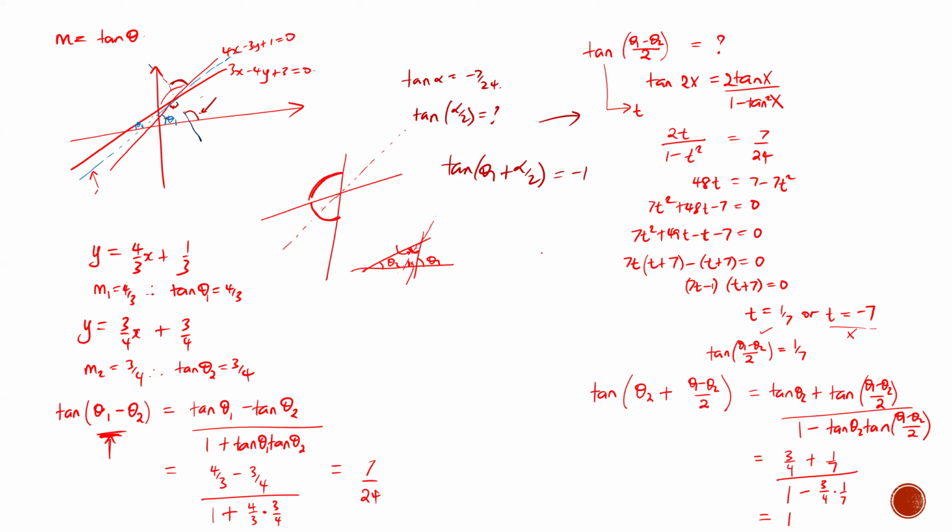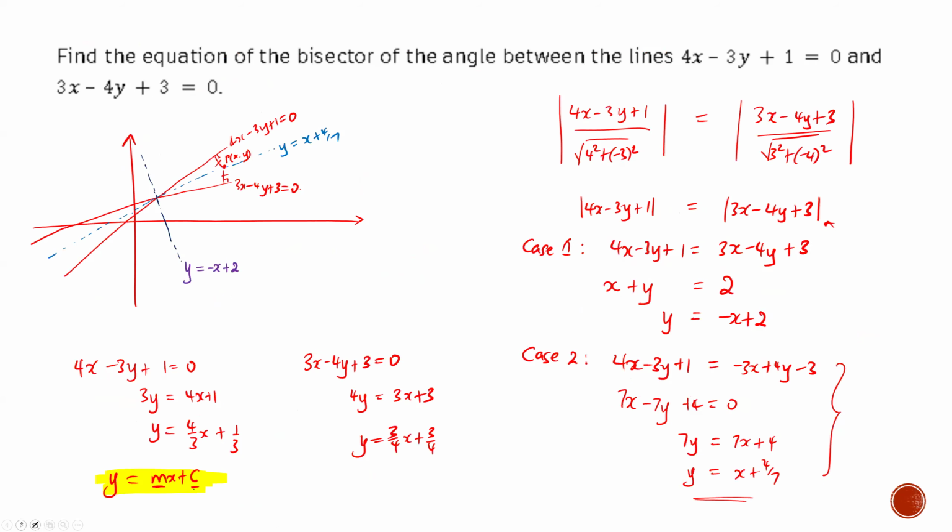And after getting -1, you would use the point, which is 5/7, 9/7. y minus 9/7 over x minus 5/7 is equal to -1. So y minus 9/7 is equal to -x plus 5/7. So y is actually equal to -x plus 2, which is exactly what we got here as our first equation.